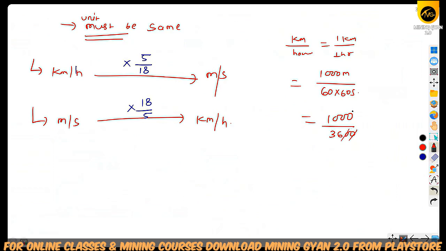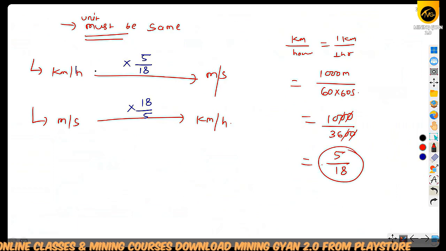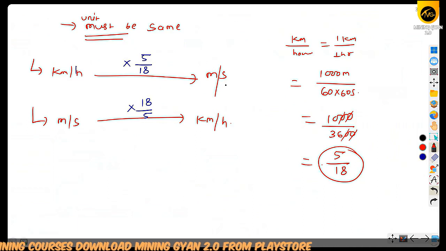So see, 0 cancels out, 10 divided by 36, or you can call it 5 divided by 18. So that's why you just multiply any number by 5 divided by 18, and it will be converted into meter per second, or just the inverse, 18 divided by 5, and it will be converted into kilometer per hour. Okay, so this is the basic thumb rule.